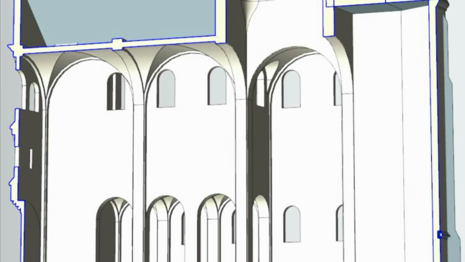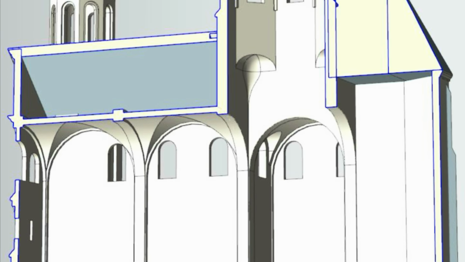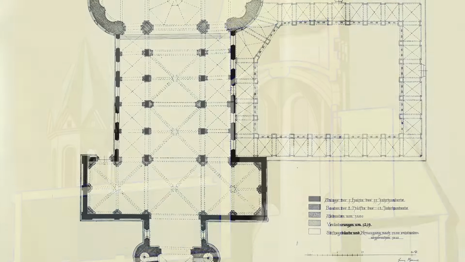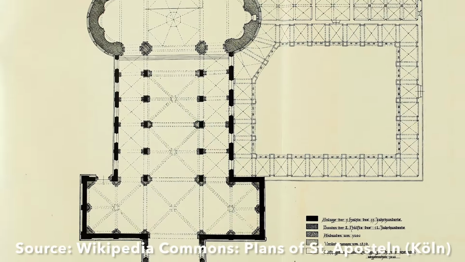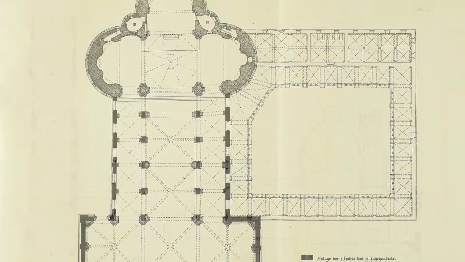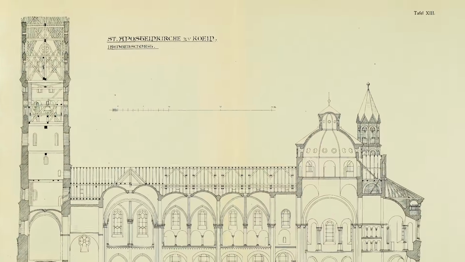The back part of the church is gothic, and it is a bit higher than the original Romanesque bit. I took some inspiration from many churches in Cologne in Germany and used plans and pictures and everything I could find about it.